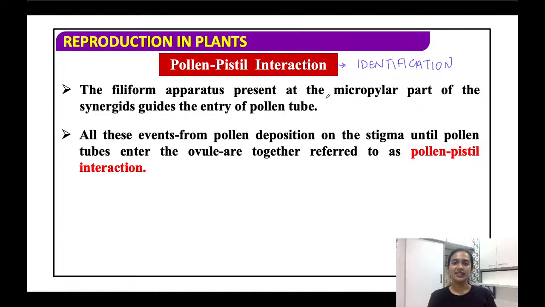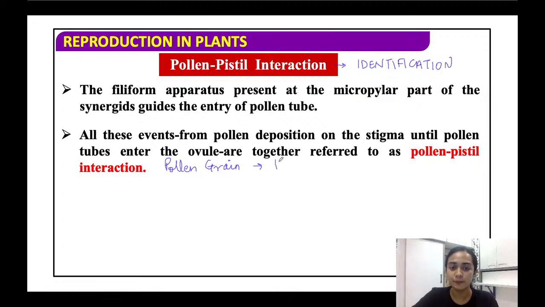Generally in animals, the female and the male identify each other and cause the acceptance or the rejection of the ovule and the sperm. But in flowering plants, the male, that means the pollen grain, is present, but the female gametophyte does not decide whether to accept or reject.